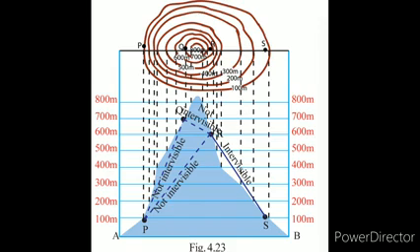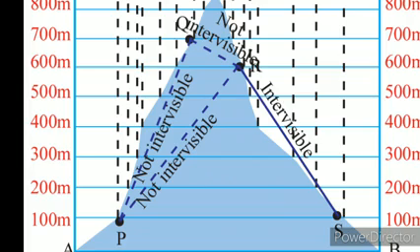By using first or second method, you can draw the shape of the landscape in your notebook. This is the shape of the landform inferred from the contour lines. By analyzing this picture, we can assess the intervisibility between the places.